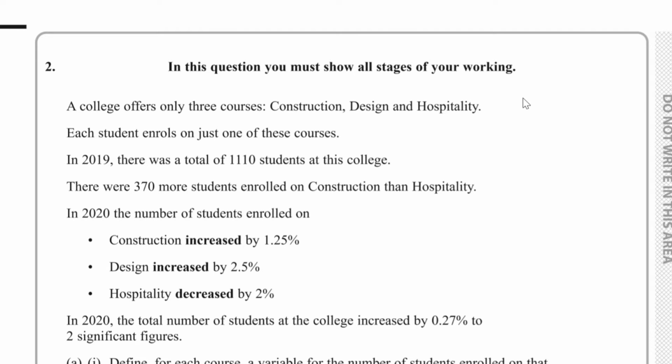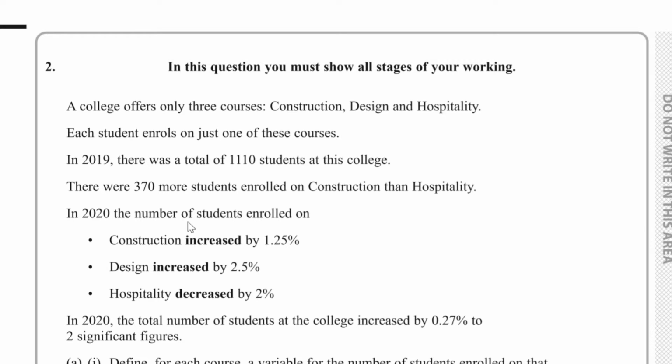Question number 2. A college offers only 3 courses: construction, design and hospitality. Each student enrolls on just one of these courses. In 2019, there were a total of 1,110 students at this college. There were 370 more students enrolled on construction than hospitality.